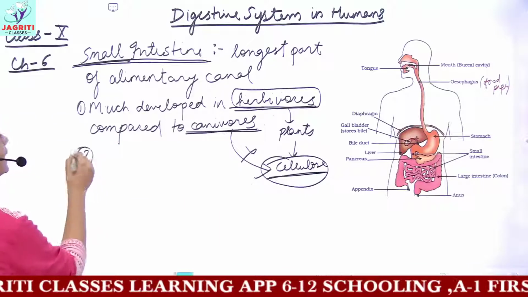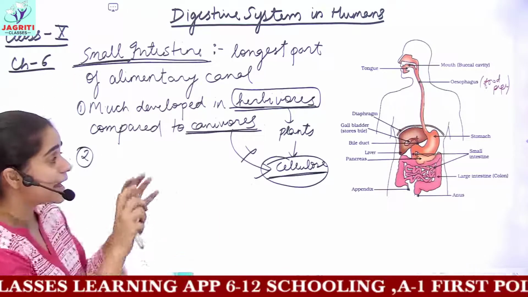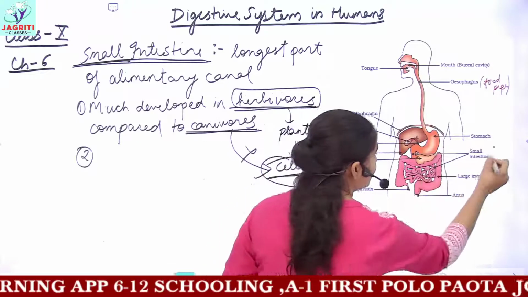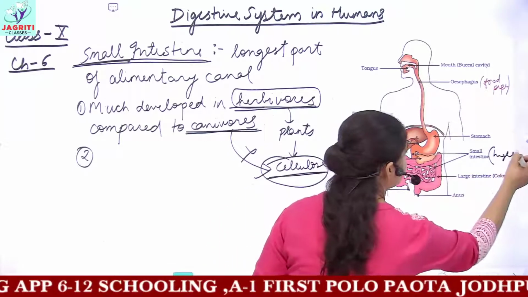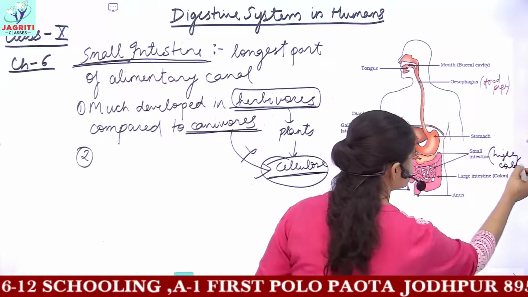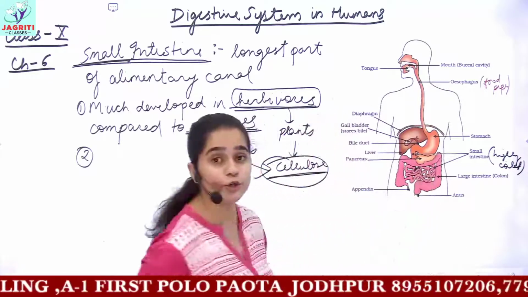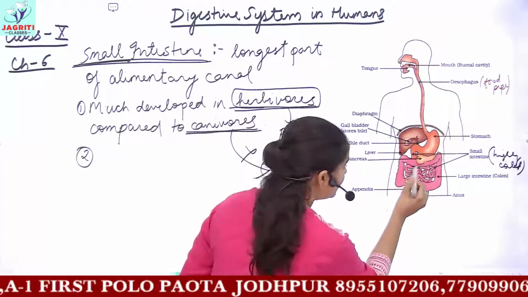Then you can say that this small intestine is a highly coiled structure. As you can see in the diagram, it is highly coiled. And in the inner walls of the small intestine, what do you have? You have finger-like projections.